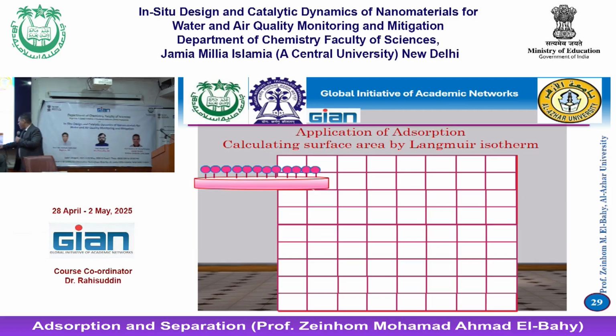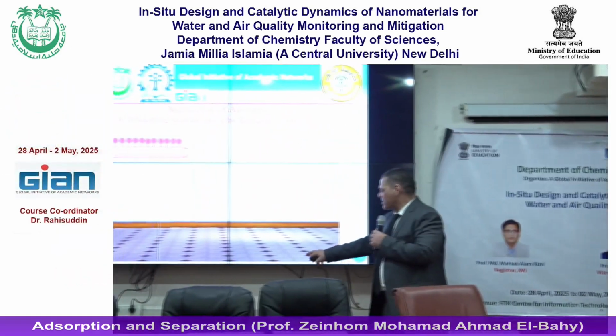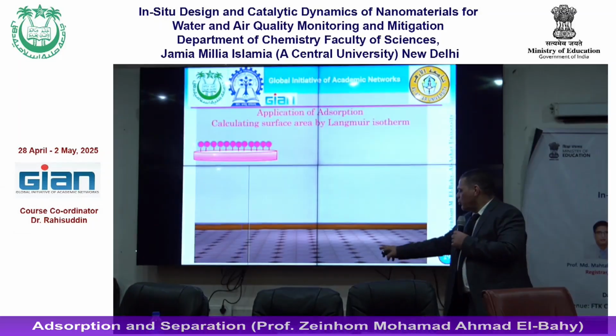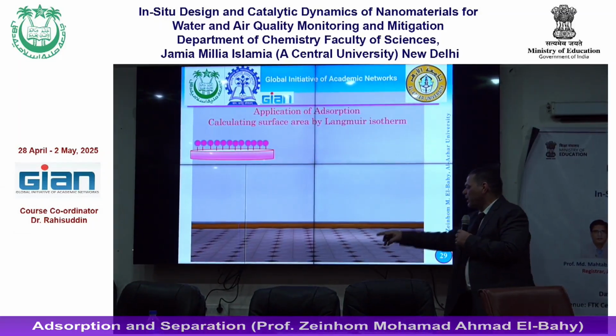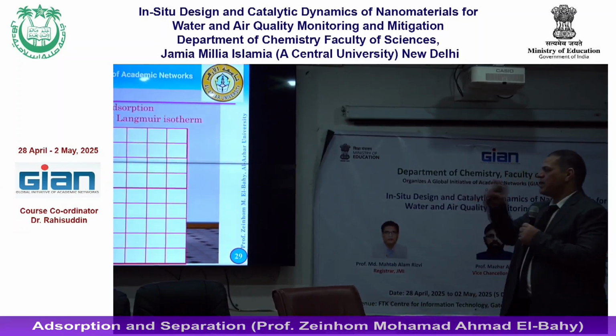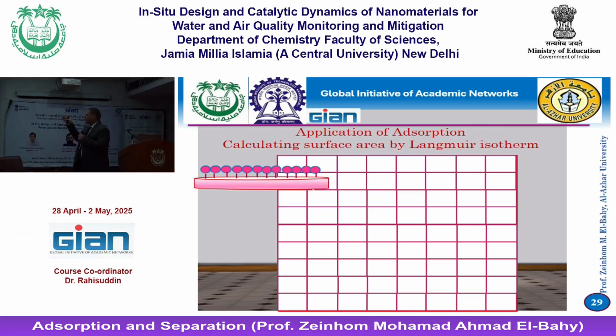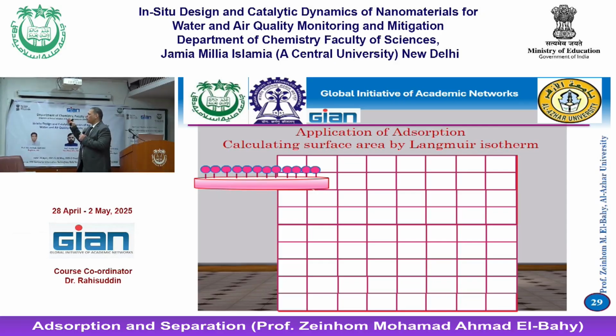If you count how many pieces there are, and you know the surface area of each one, you multiply and get the surface area of the material. So we can use the Langmuir isotherm to calculate the surface area of solid materials.